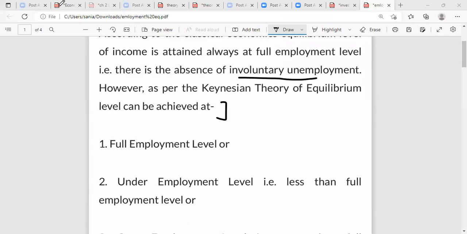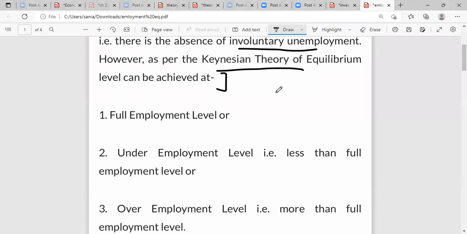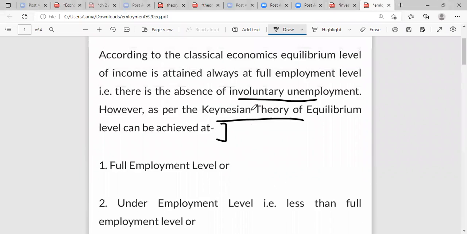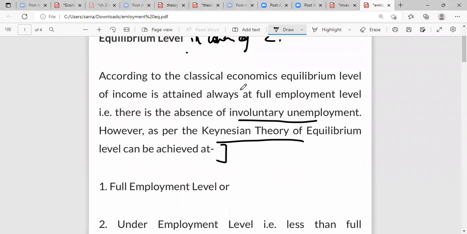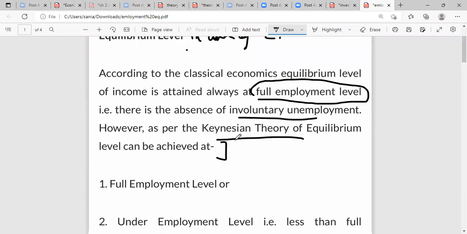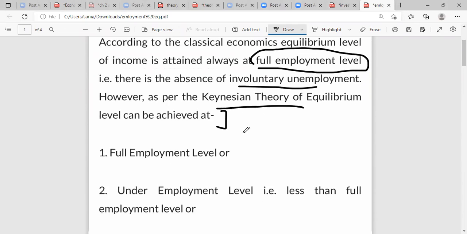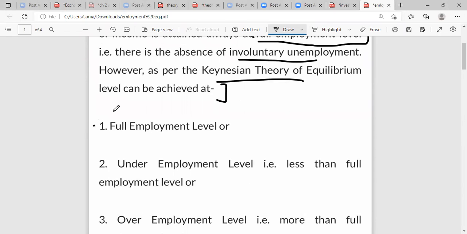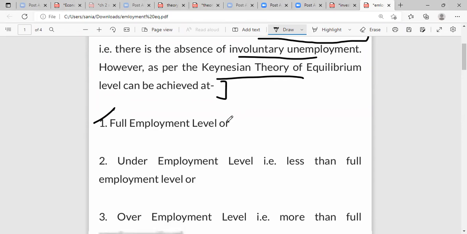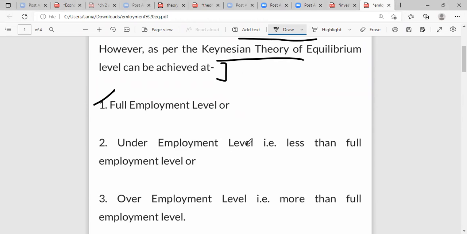Okay. So now, see, according to Keynes, equilibrium can be achieved... According to the classical economists, you can achieve equilibrium only when there is full employment, right? But what about Keynes? He said, no, not only in this situation. We have three conditions where you can attain the equilibrium. First is full employment level. Second is underemployment level, that is less than full employment level.